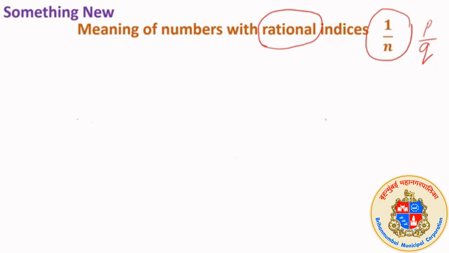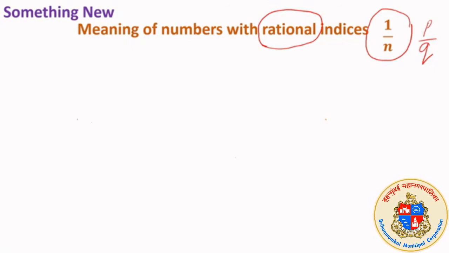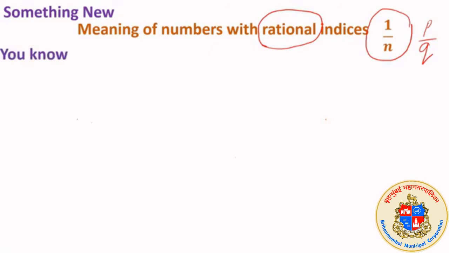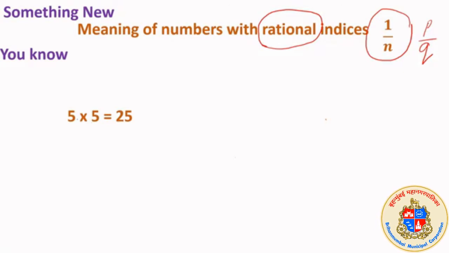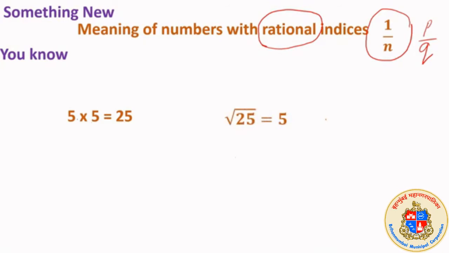But you have already used this unknowingly last year. When we say 5 into 5 is equal to 25, which was the beginning of our study of square root and squares, we wrote square root of 25 is equal to 5. This is what you studied already.